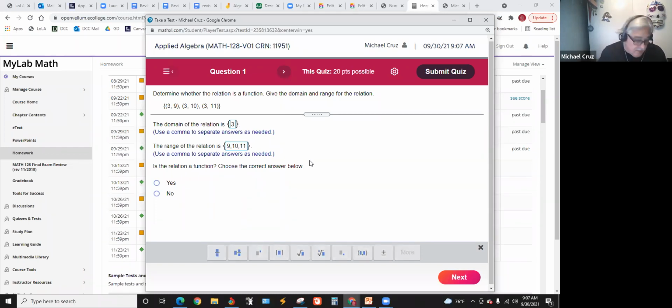Now, here's the big question, and it's sometimes kind of hard to get straight in your head. What happens when we repeat x values in regards to a function?